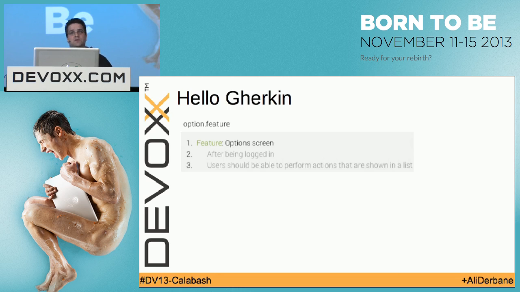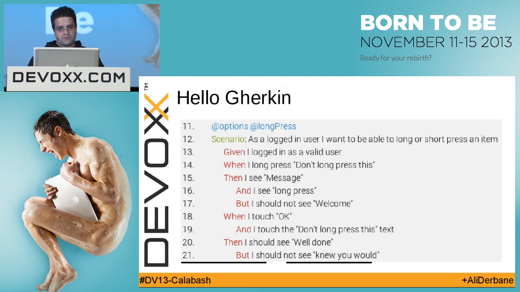In this case, it's the options screen. And then we define what the expected behavior of that feature is. That's what we do here. Then we define scenarios. We can tag them, as you can see in line 11. When you run a command to actually perform these tests, you can run specific tagged tests.